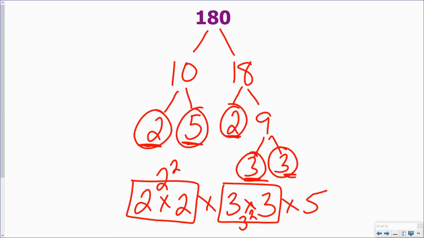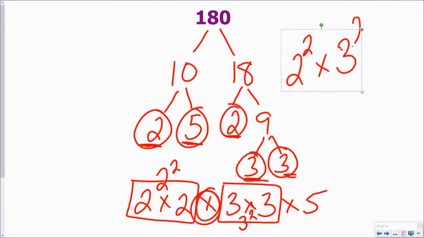So my prime factorization for 180 is 2 squared multiplied by 3 squared multiplied by 5. I don't need to put a 1 up above the 5 for an exponent because 5 to the first power is still just 5.